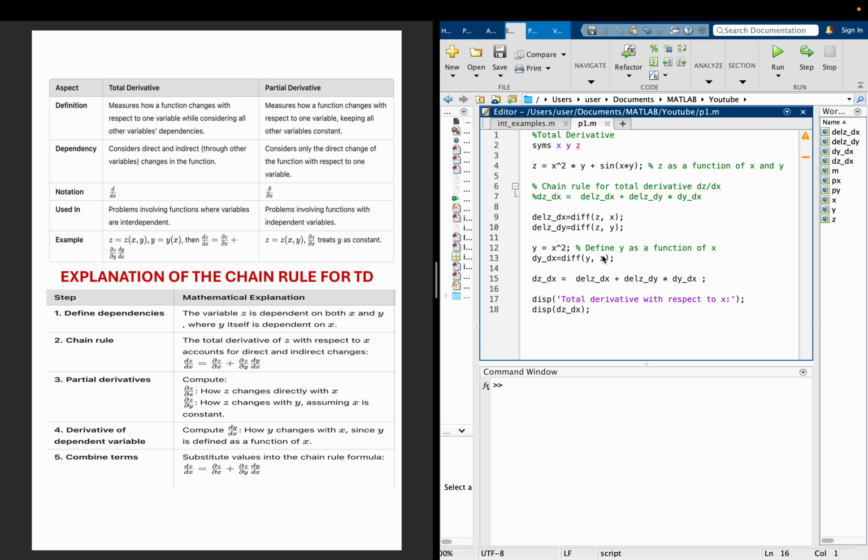So the function here will be y and the independent variable will be x, and then substituting them into the formula, I will be able to obtain my total derivative of z with respect to x, which is printed in the code below. So clicking on run, I will have my total derivative with respect to x.